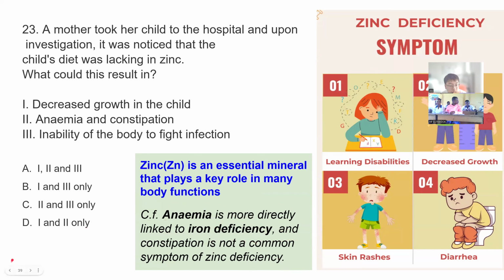Did you say C? Yes, it's actually B, because here I'm saying that anemia and iron deficiency is not related. So if we cross out two, we're left with 1 and 3. So the answer is B. It's 1 and 3.